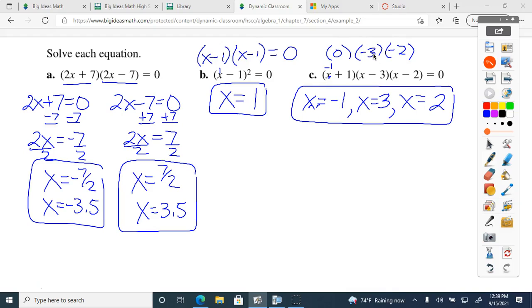Okay. So if I plug in -1, that one's going to be 0. If I plug in 3, 3 minus 3 is, now the middle one's 0. And I don't care what the other 2 are. If I plug in 2, now the last one's 0, and I don't care what the first 2 are. Because as long as one of them's 0, I'm going to get 0 for my final answer. Because we are multiplying. Does that make sense? Okay? We'll do some more.